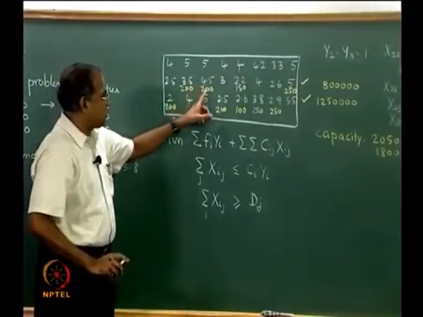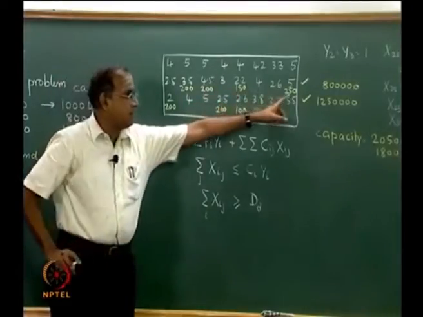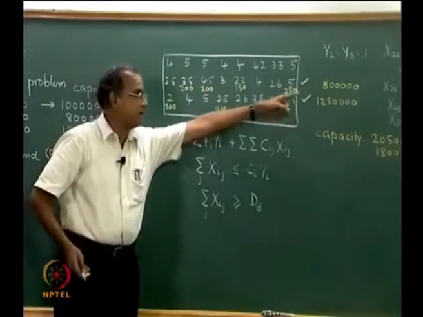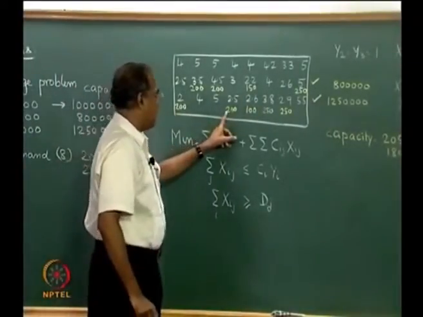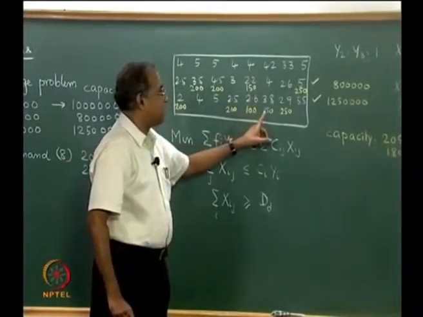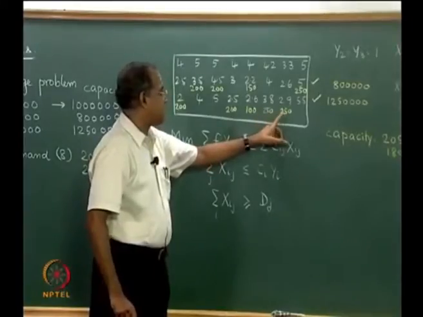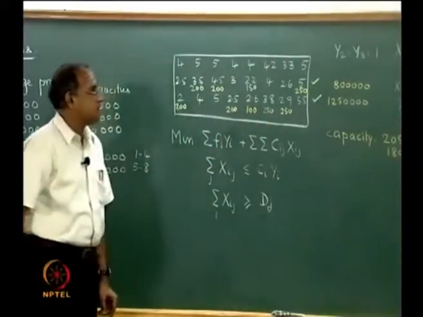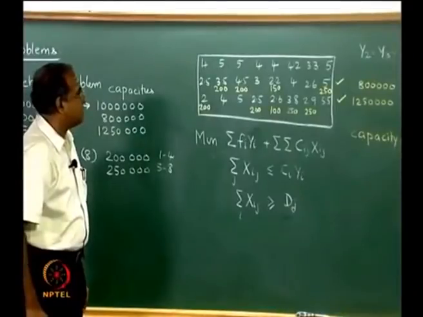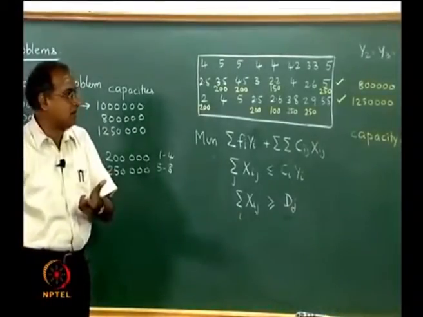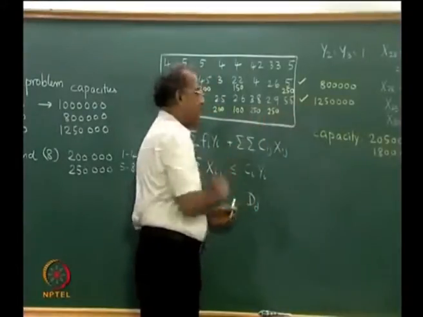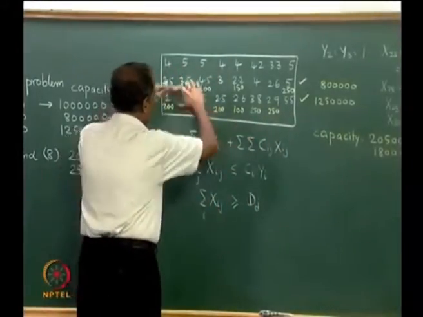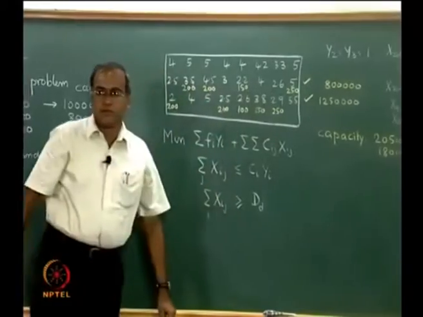So, 200 plus 200, 400, 550 plus 250 is 800, so 800,000 is utilized. Here it is 200, 200, 400 plus 100, 500, 500 plus 500 is 1000. So, there is an excess capacity that is left here. The demand for all those is also met by this solution.